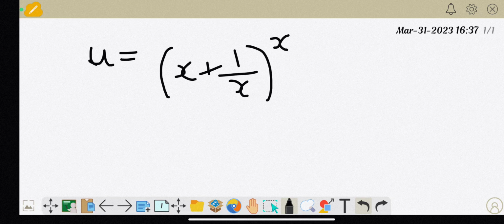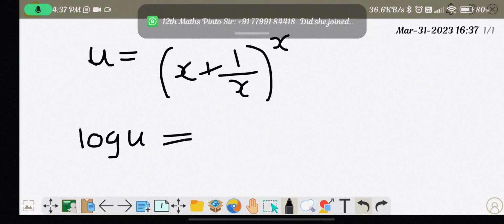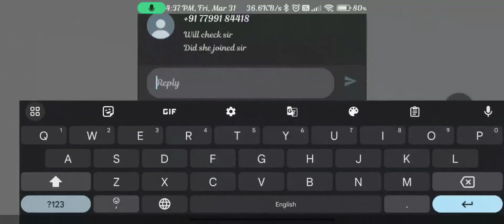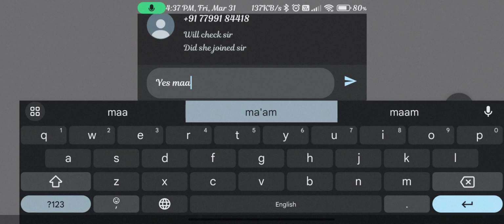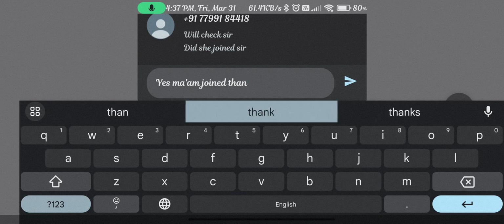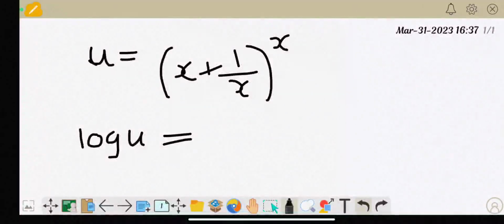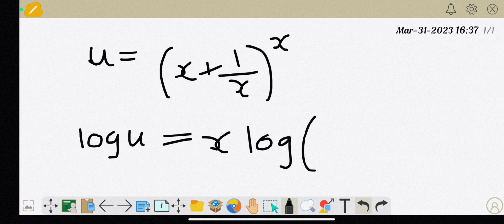Okay, now apply log on both sides. So log u is equal to, so when you apply log, the exponent becomes, so x into log of the term, correct?